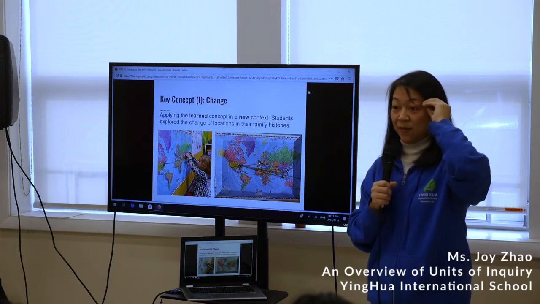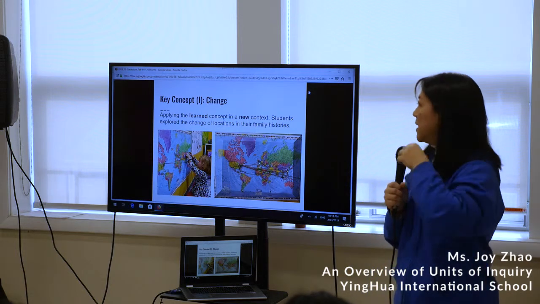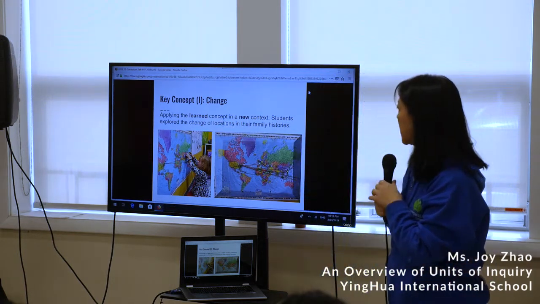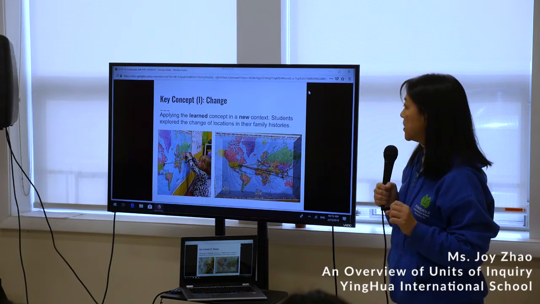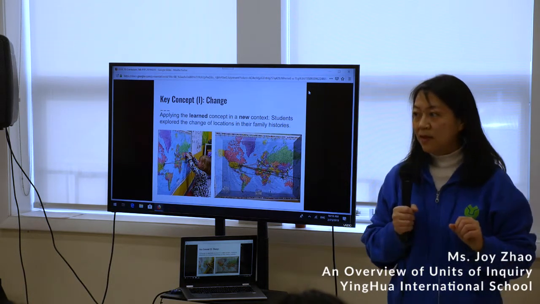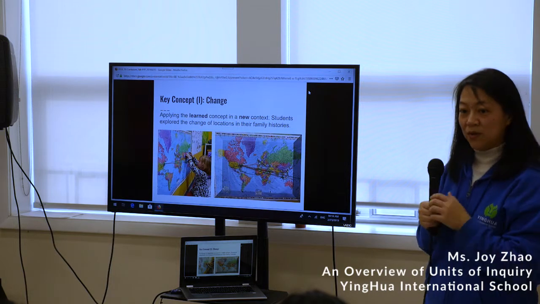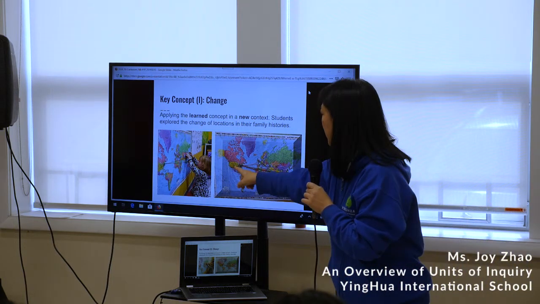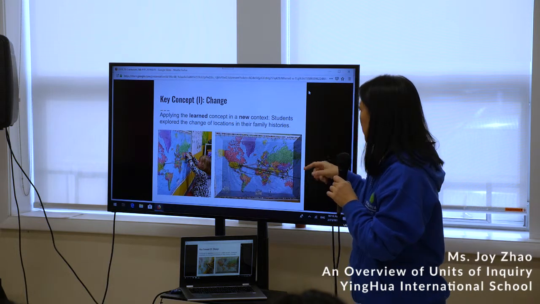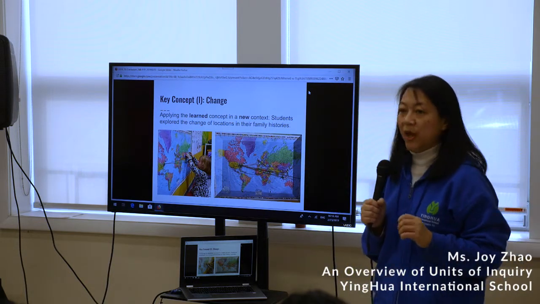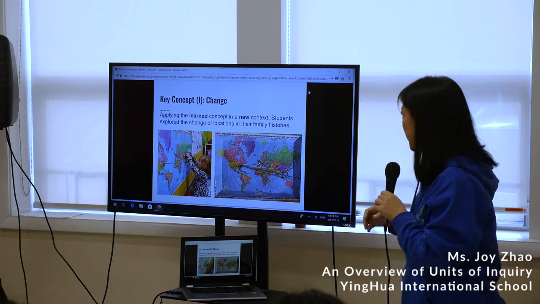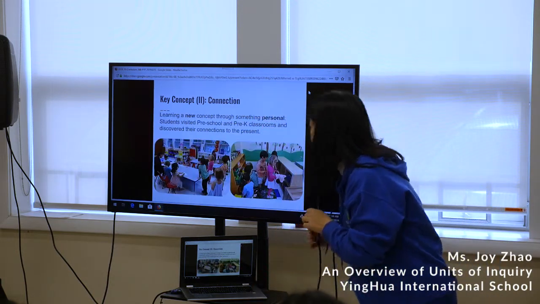Because they already have this concept of change in mind, they're learning to apply the learned concept in the new context. Students explore the change of locations in family histories. So they learn to identify locations, and the yarn signifies the change, the movements. So that's one activity at the concept level.